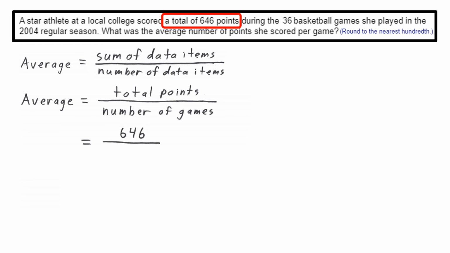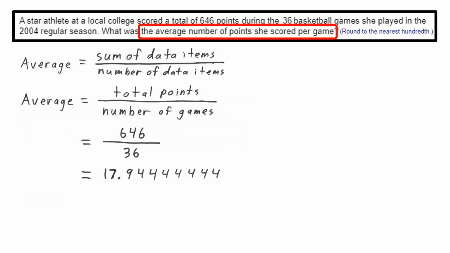The total points goes up top, and the games played goes on the bottom. And now we do a division, the top divided by the bottom. And that will give us the average number of points she scored per game. This is the value we get from our calculator.